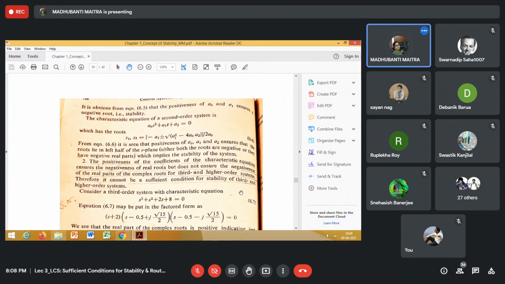You know this. So if all the coefficients A0, A1 and A2 bear the same sign, then both the roots will always occur in the left half of the S plane. Yes or no?